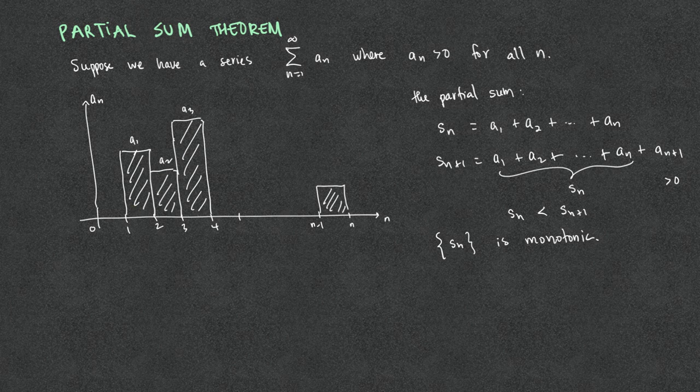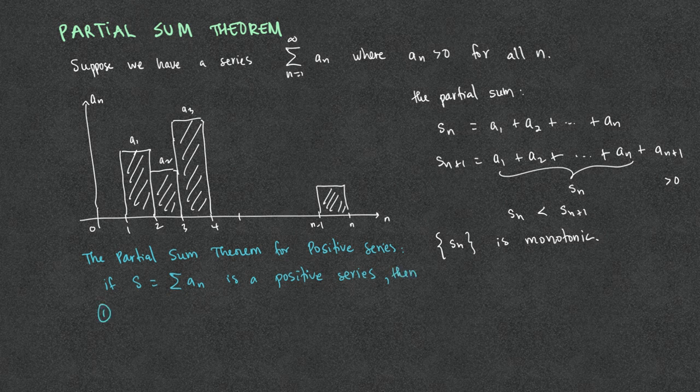The partial sum theorem for the positive series states that if we have a series whose terms are positive, this is called a positive series. The terms a sub n are positive. Then there are two possibilities. One, the partial sums S sub n are bounded above. In this case, the series converges.